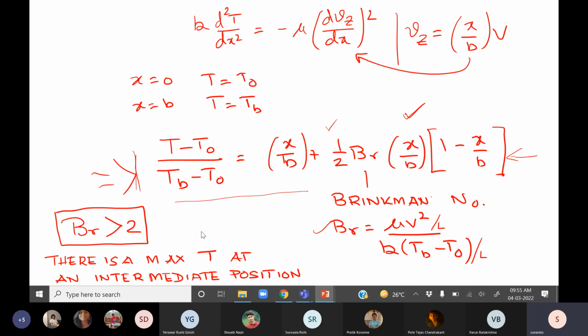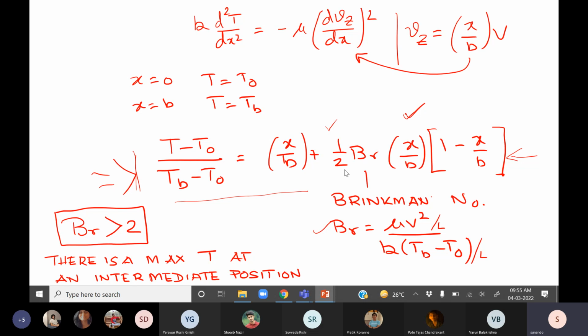And so as a practicing engineer, the first thing you should do is find out what's the velocity, what is the viscosity, what's the thermal conductivity, and what are the end temperatures. Then you calculate the Brinkman number. If Brinkman number is greater than 2, solve the entire equation to see what's the temperature profile and what is the maximum of the temperature, which would obviously lie at an intermediate position.